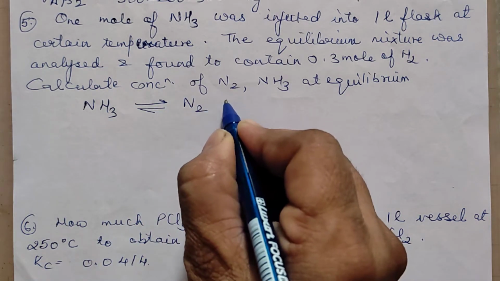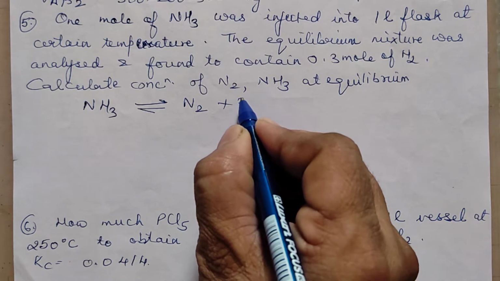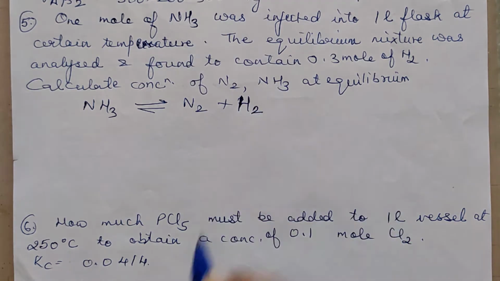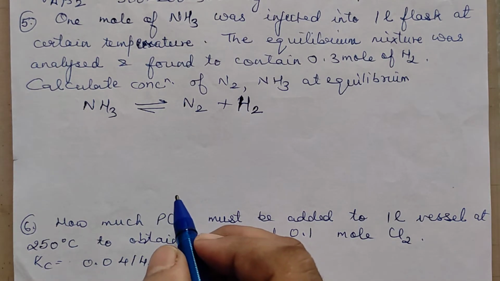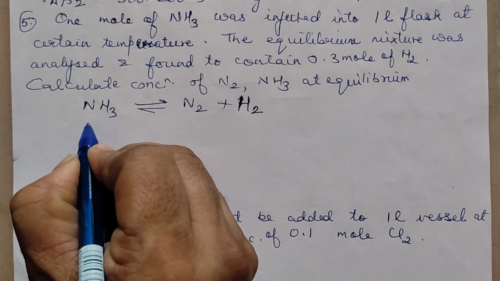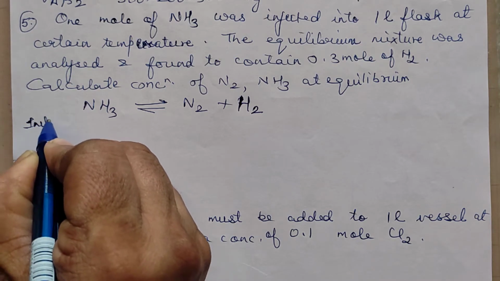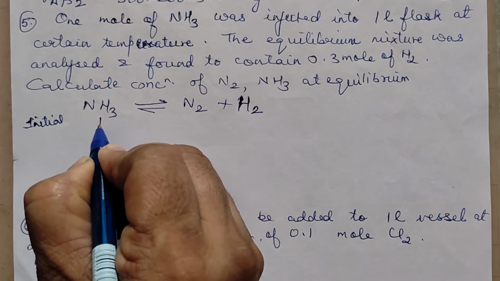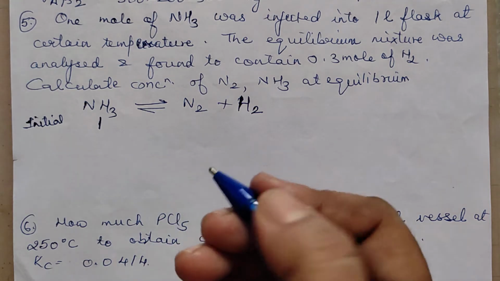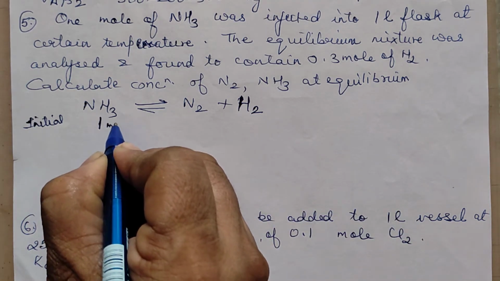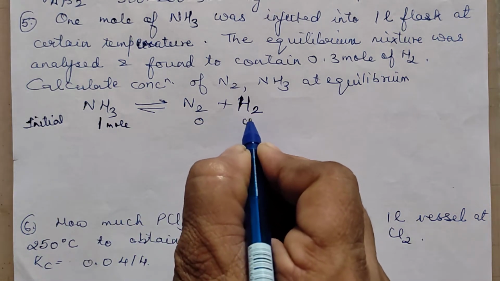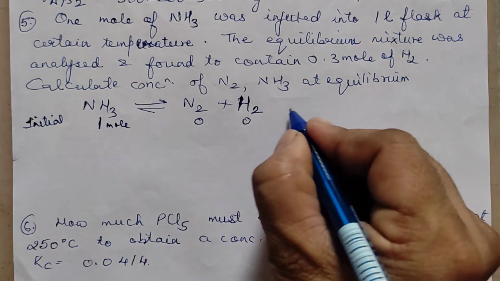It is forming N2 plus H2. Clear? Now they are saying in the question that you have taken in the beginning, initially you have taken 1 mole of this in 1 liter flask. This is 1 mole. The products are 0 and volume is 1 liter.